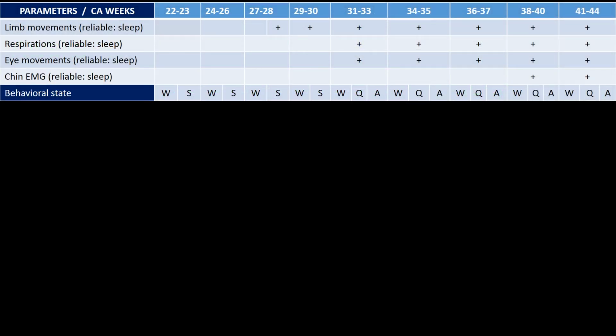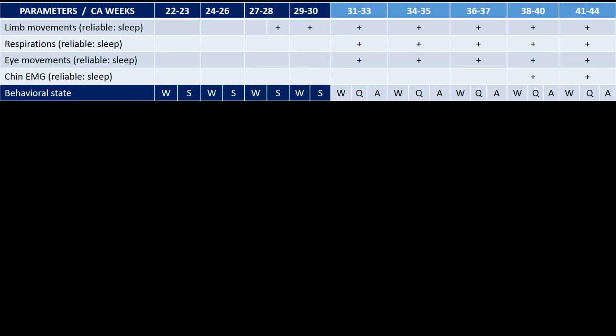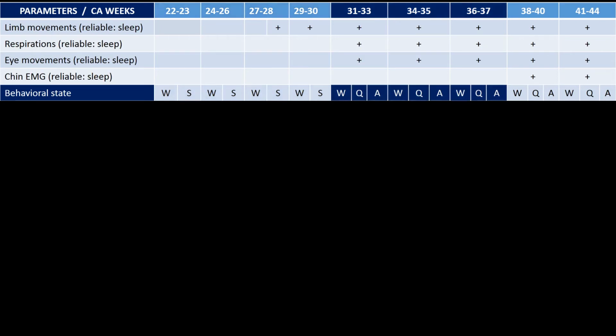So, based on behavioral parameters, from 22 to 30 weeks included, sleep can only be divided into awake and asleep states. From 31 to 37 weeks, according to some, and from 31 to 39 weeks, according to others, sleep can be divided into quiet and active sleep based on 2 of 3 concordant parameters.